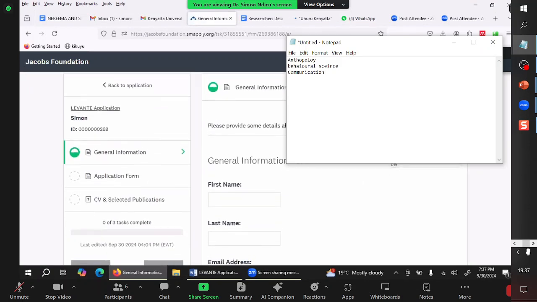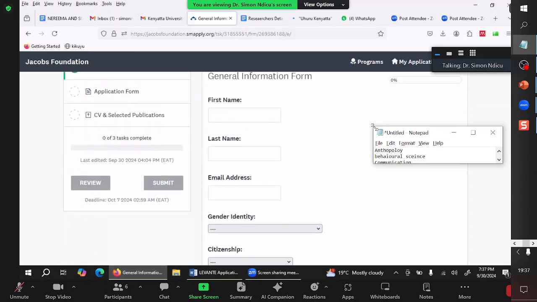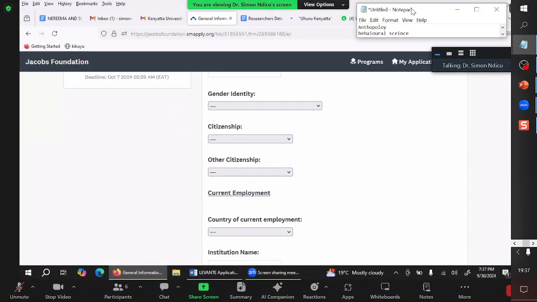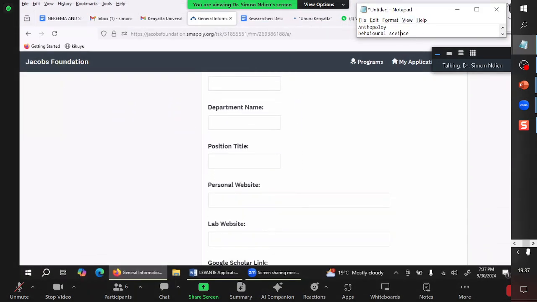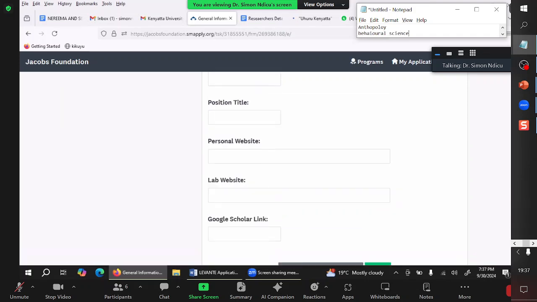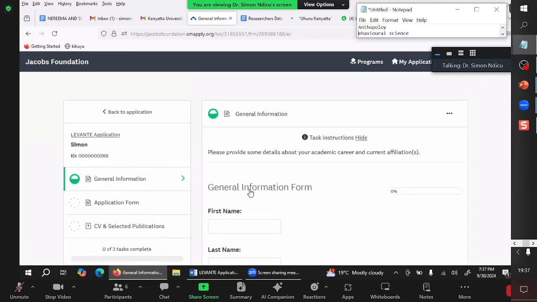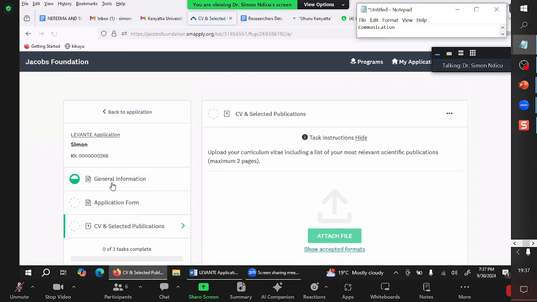They're asking now for the general information. I think this is for the principal investigator, asking the details: citizenship, current employment, institution, department, position, personal website, lab website, scholar link. And then the other part here is for CVs and selected publications.